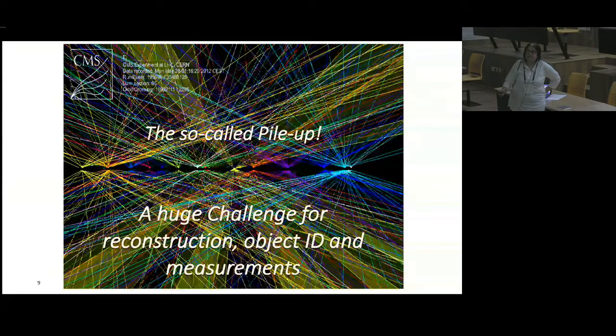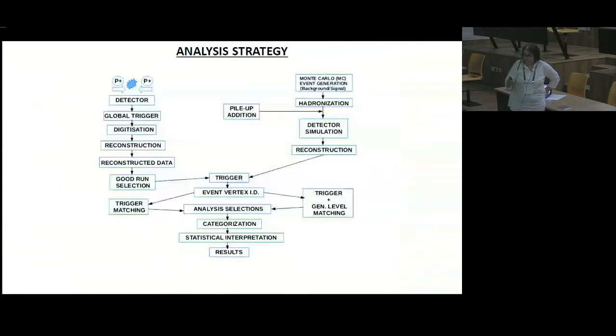Each of these interaction points is called a vertex, or the event vertex, or the primary vertex. There are many names. And this has to be very precisely determined, otherwise the physics does not stand up. So that is the problem. These are the tough things that we have to face in LHC.